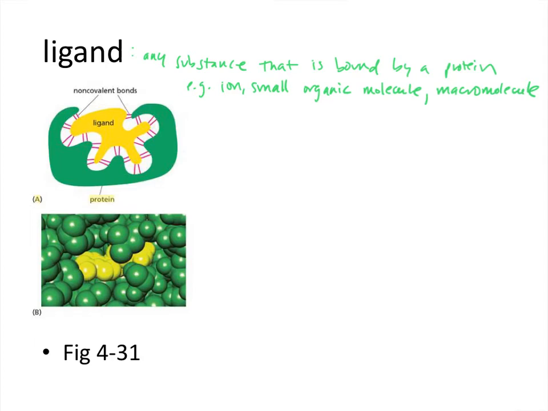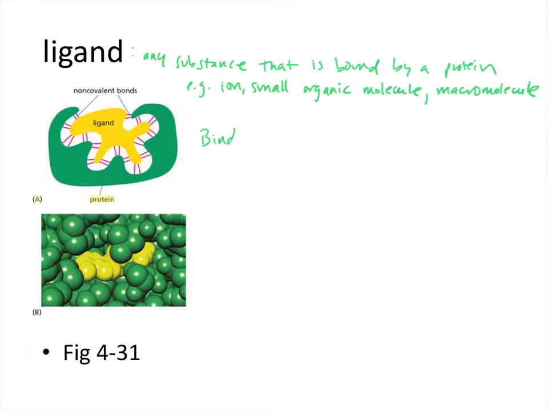And notice that, at least in this example, they're spread across the surface where the ligand interacts with the protein. And so anytime we talk about binding, this is basically an interaction between these two different types of molecules. And it takes place over some length of time.